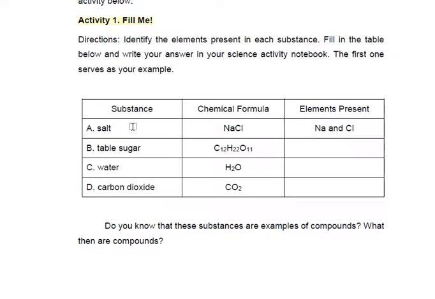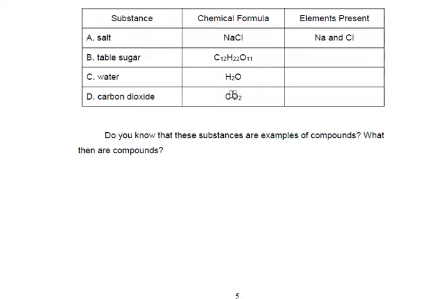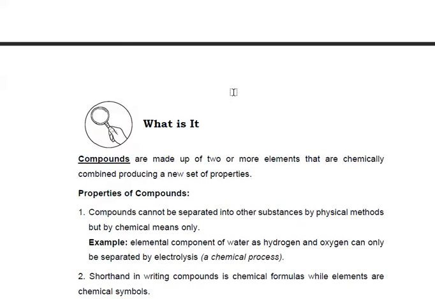The substance is salt, and the chemical formula is sodium chloride. So here the elements present is sodium and chlorine. Okay? So, just put the elements. Alright? So, just like here. So, I think you can do that easily. After doing that, learn more.